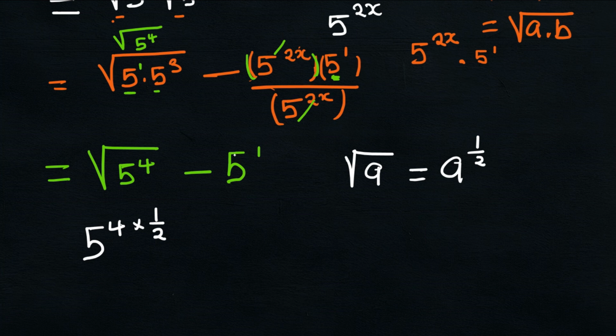So 4 multiplied by half is 2. Instead of having the square root of 5 to the power of 4, we are going to have 5 to the power of 2. Therefore, our next step will be 5 to the power of 2 minus 5 to the power of 1.